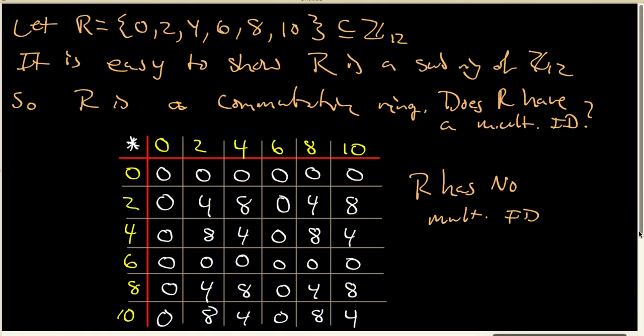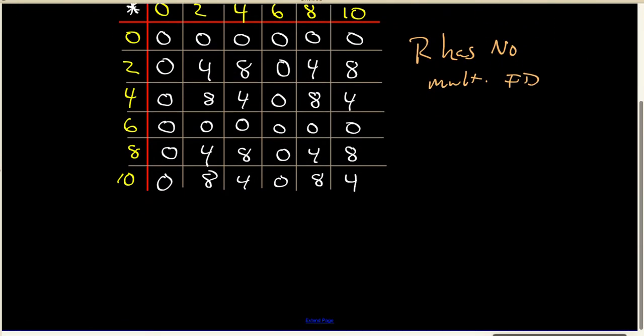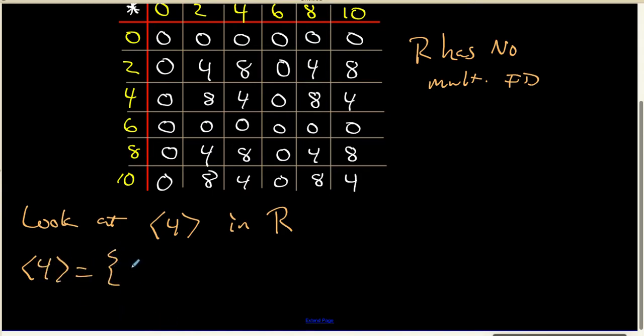Now, what I want to do is look at the principal subset generated by 4 inside this ring R. Well, let's see. The principal subset generated by 4 is going to be anything in R times 4, where R is pulled from that ring.